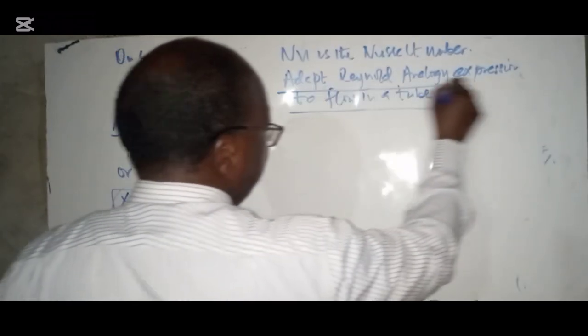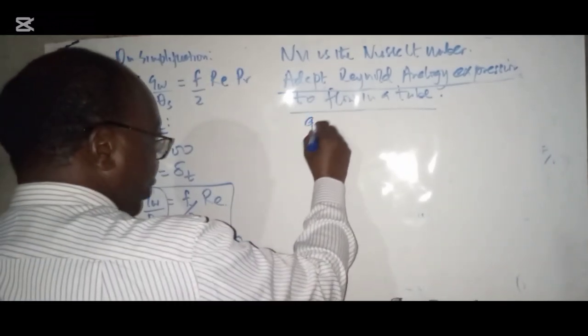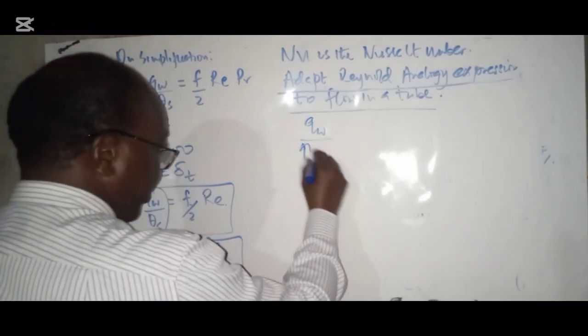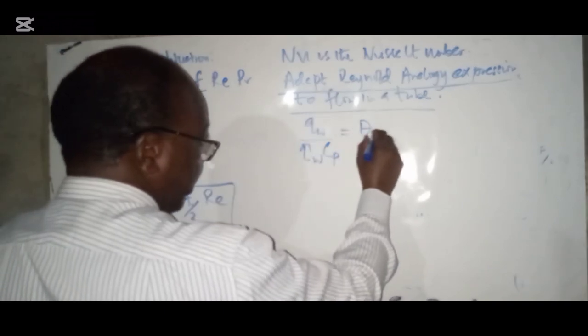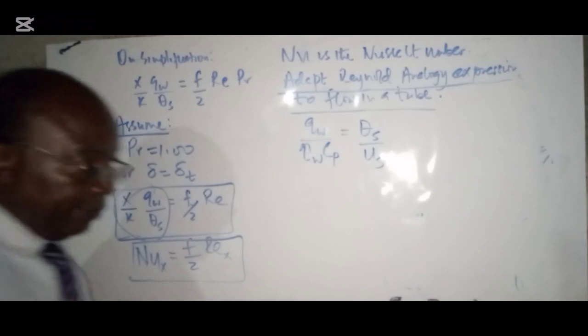Remember, the Reynolds expression, just recall, is the ratio of the rate of heat transfer to the shear stress, with the isobaric heat capacity, so heat and velocity.